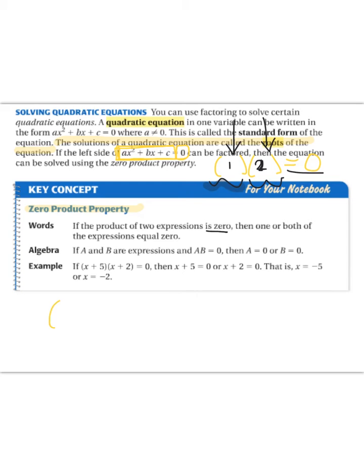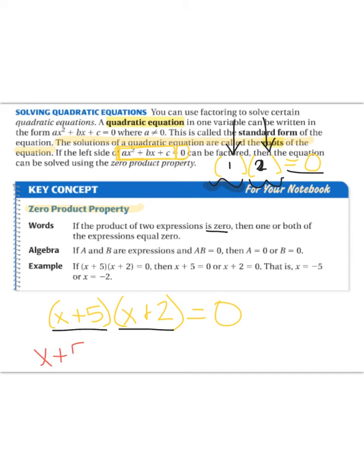So for example, let's say if I factored out and I got x plus 5 and x plus 2. And I wanted to find the solutions. So this means either x plus 5 has to be 0, or x plus 2 has to be 0.